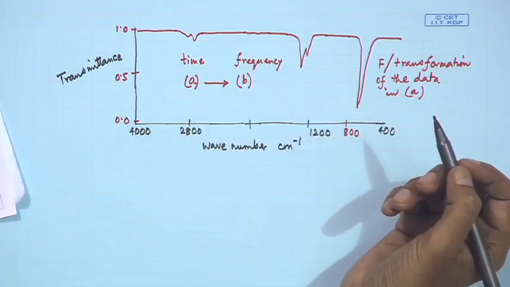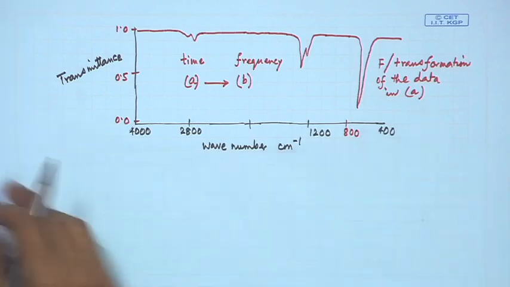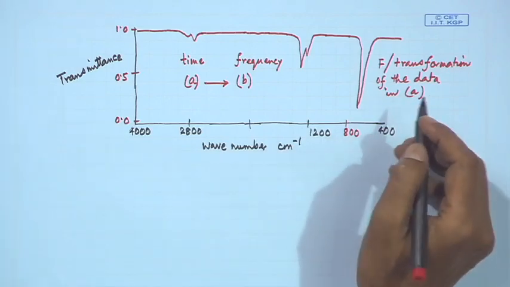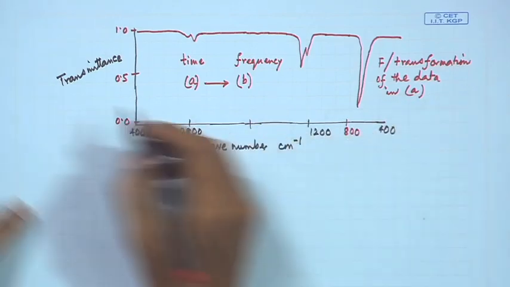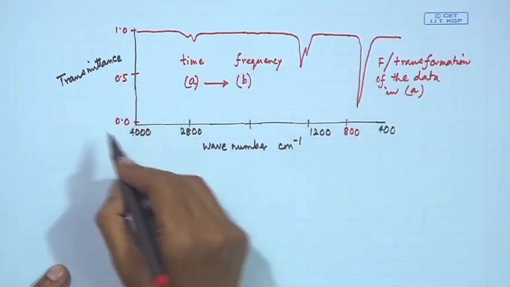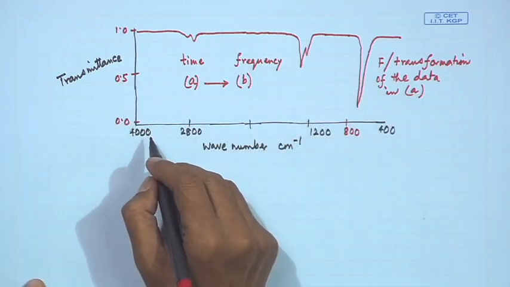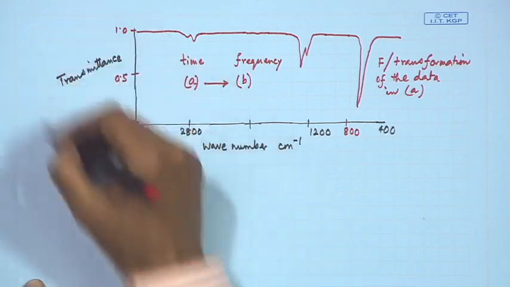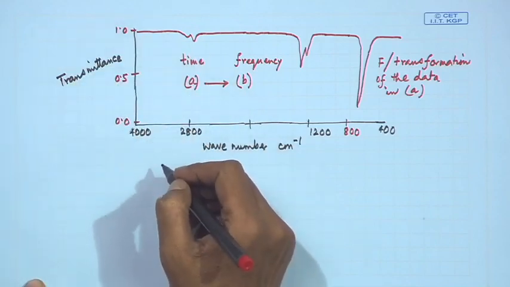This is one such important thing that we can have for this plot. So, what we get over here is the part from the interferometer.